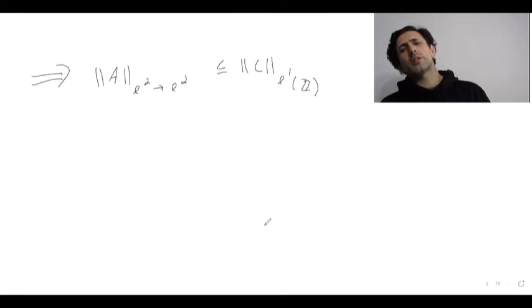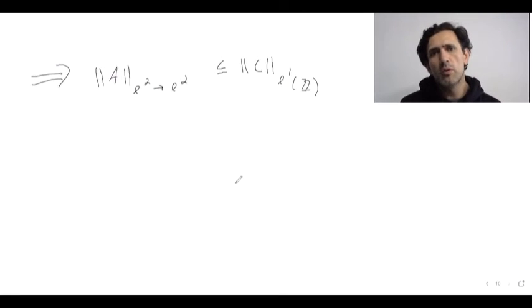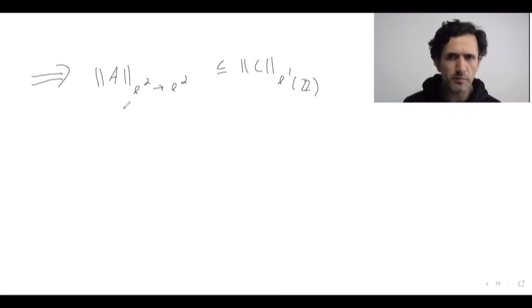And actually, we're going to show in the next video that A is unitarily equivalent to an operator associated to Fourier series, and we're able to figure out what the norm of A is.